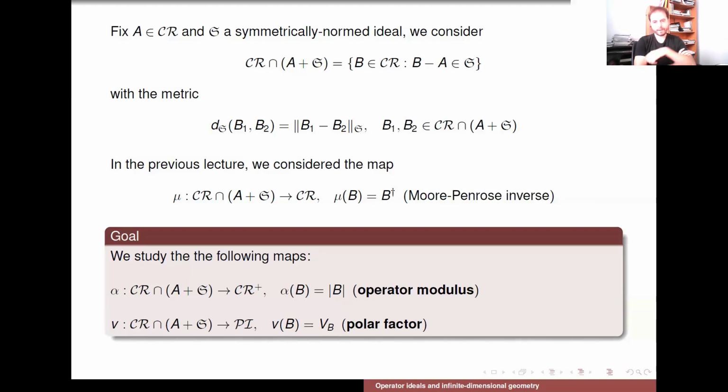We studied the Moore-Penrose inverse in this set of perturbations. Now, in the lecture of today, we will study the two functions given by the polar decomposition, the operator modulus and the polar factor, in the same set of perturbations.